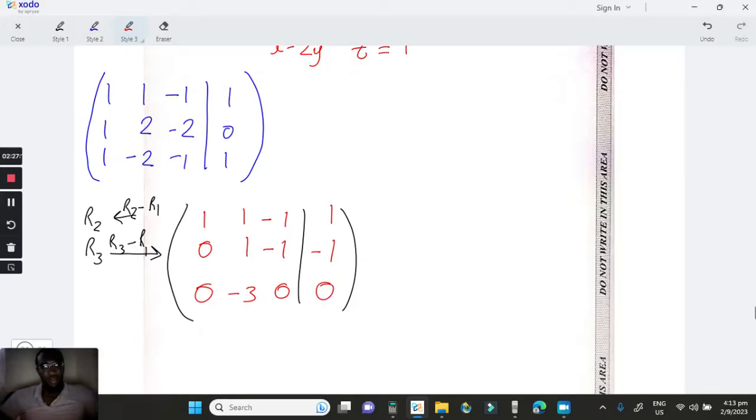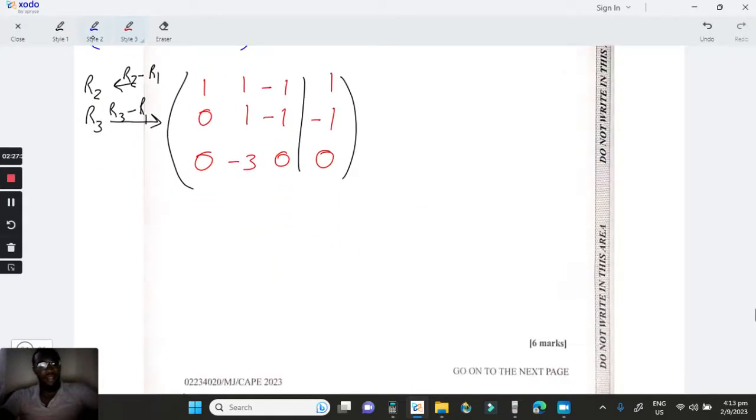So now, remember, we're trying to get lower triangles of zeros. So this right here, what do we need? We need 0 where the negative 3 is. So since we need a 0 where the negative 3 is, this can be 3 of this, then we add them.